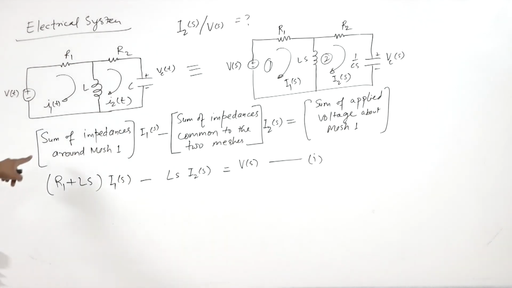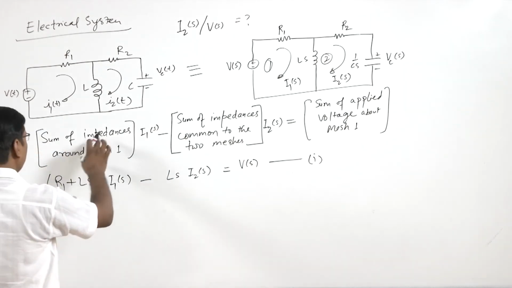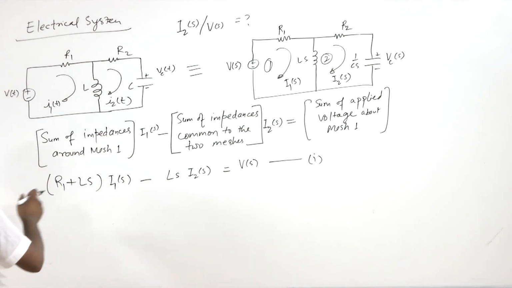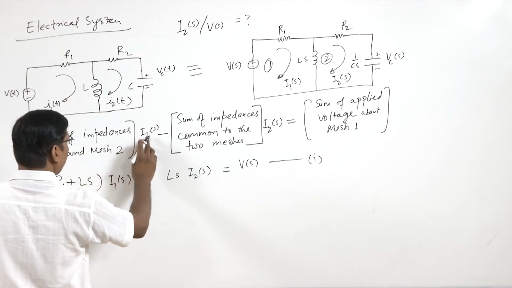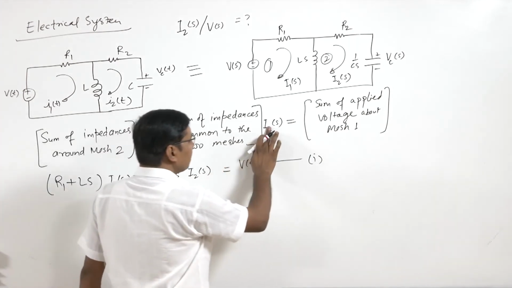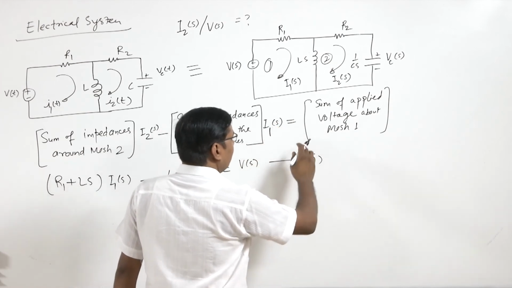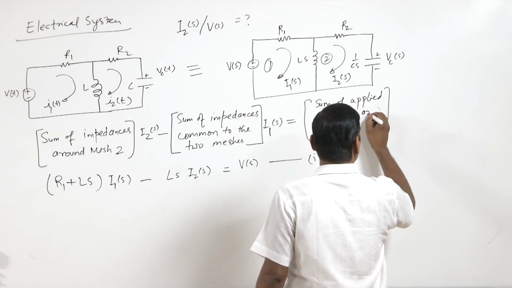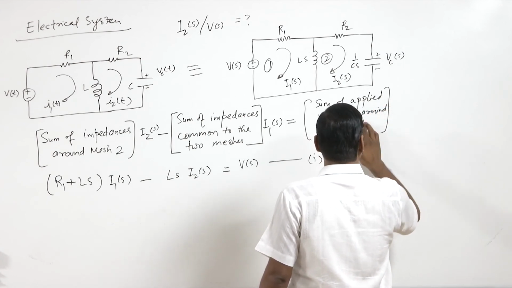Now for mesh 2 we write sum of impedances around mesh 2, into I2(s), minus sum of impedances common to the two meshes, into I1(s), equal to sum of applied voltages around mesh 2.